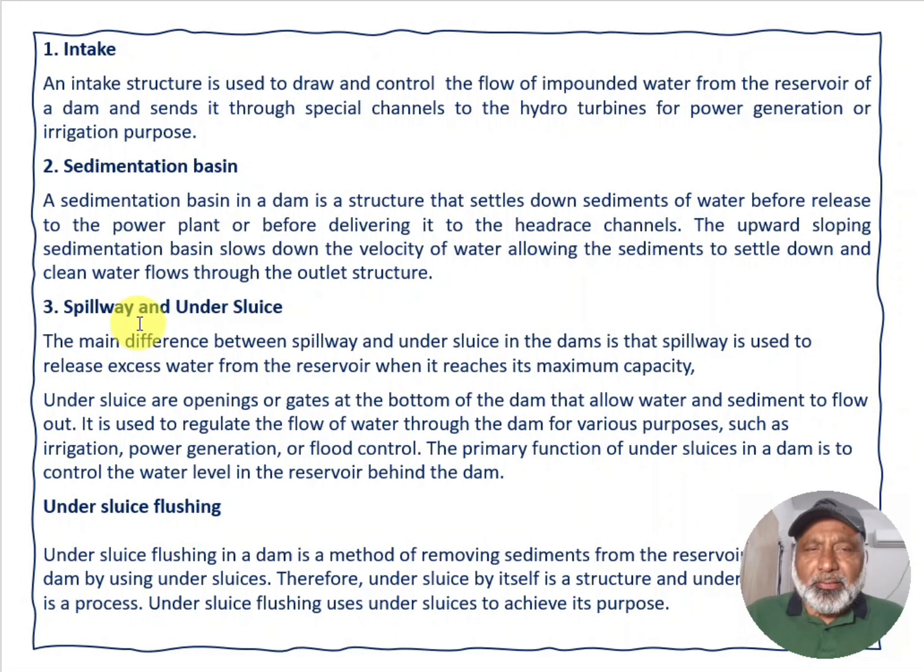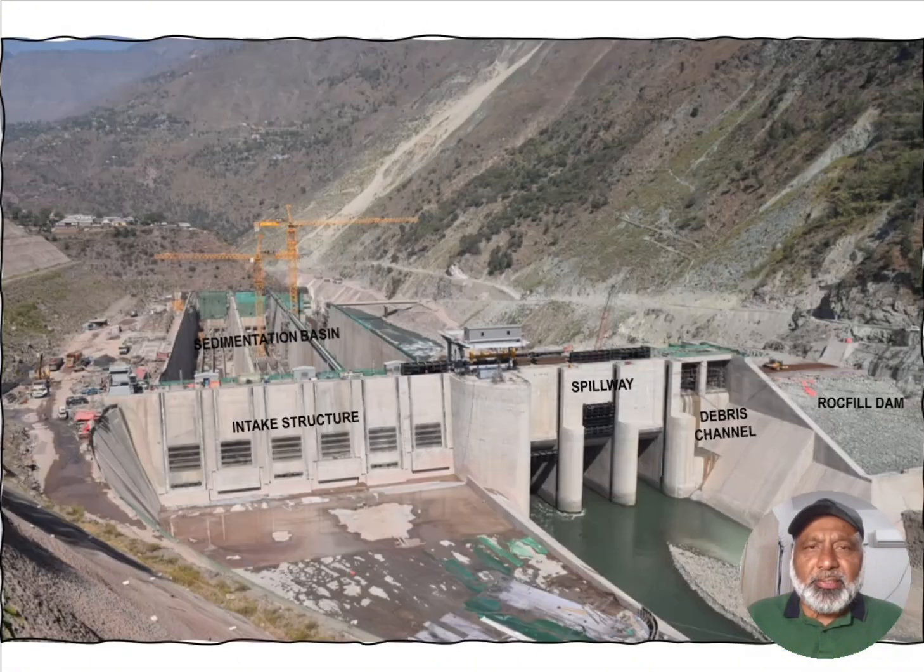I shall define the structures of a dam briefly with the help of pictures, as I have told before. Intake structure: I will show you the picture of the intake structure. This is the intake structure. So these are the intake gates.